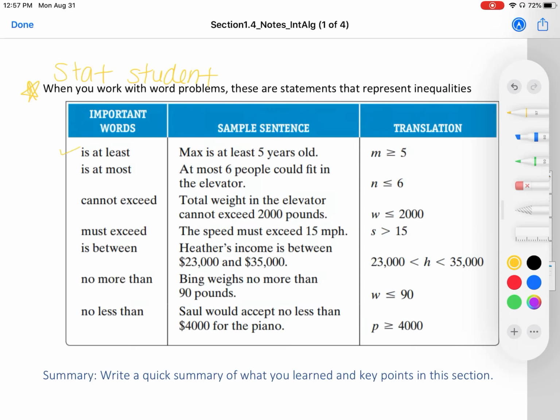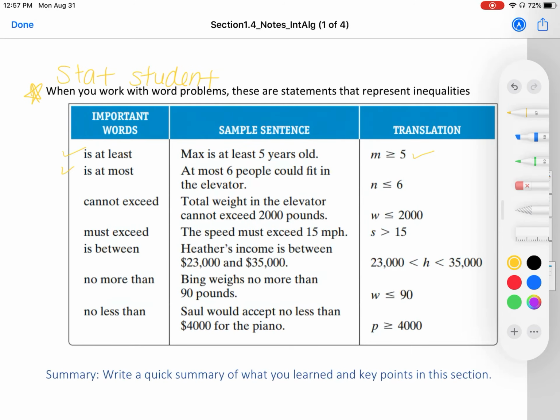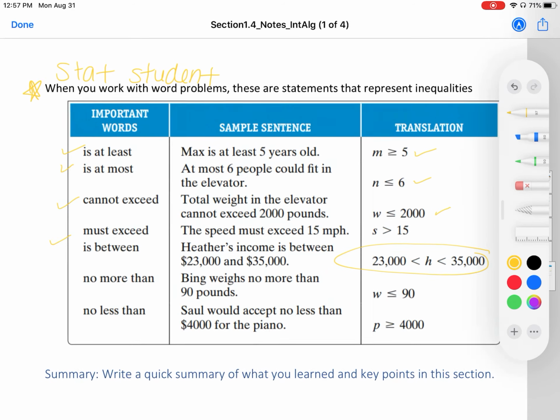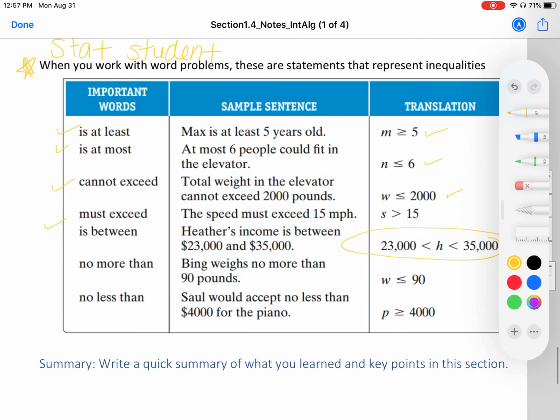So, is at least, is it greater than or equal to? Is at most, is it less than or equal to? Cannot exceed is a less than or equal to. Must be between is usually some type of compound inequality. Oh, I'm sorry, there were two different ones.